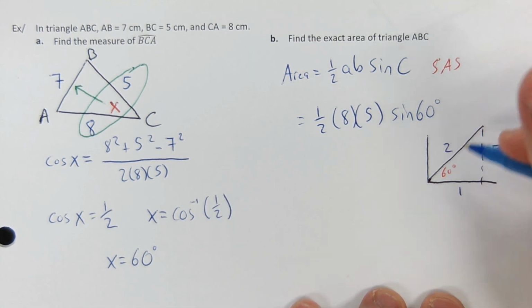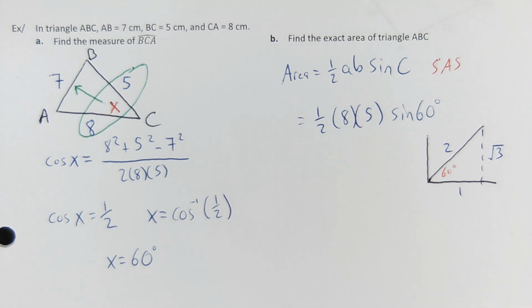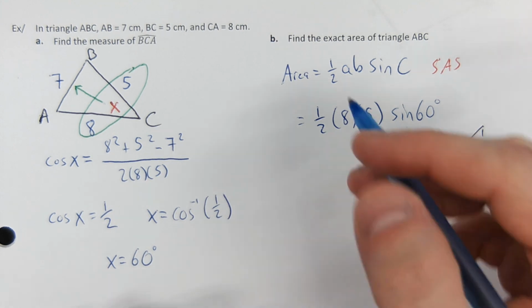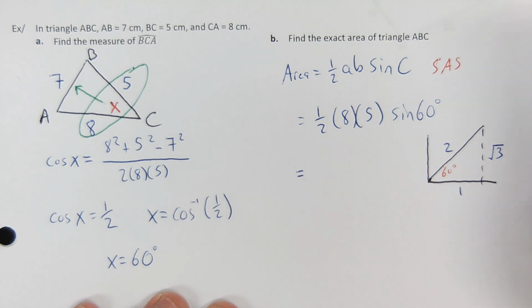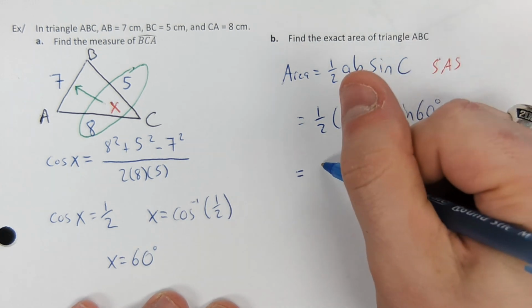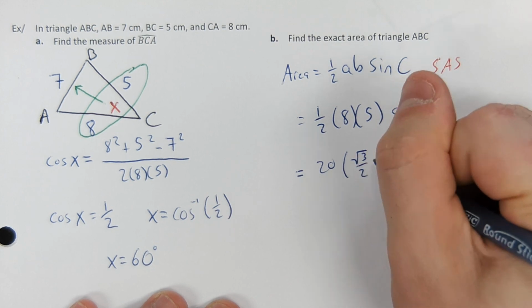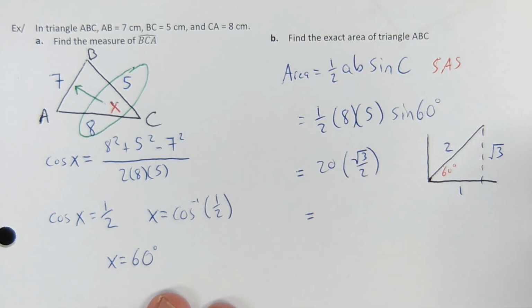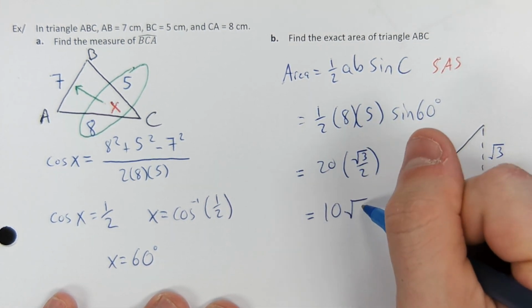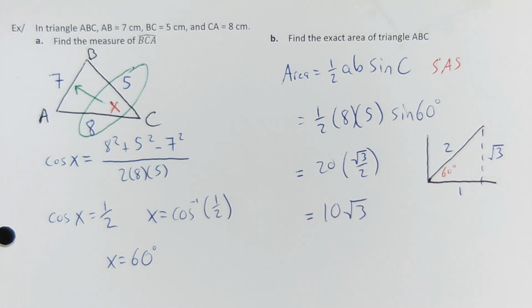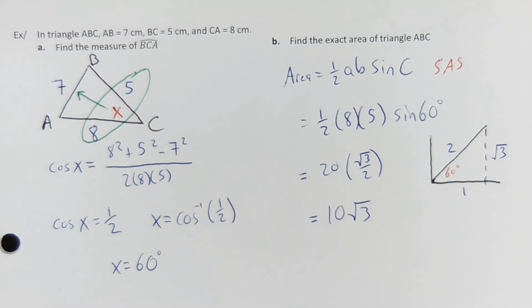There you go. So sine here is root 3 over 2. So this is 20 times root 3 over 2, or 10 root 3. That is the exact area of this triangle. This triangle, not this triangle. And that's it. Woohoo! Yay!